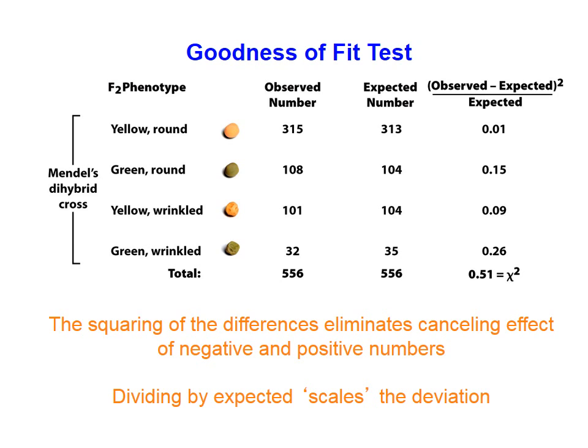So one important thing about the equation, the squaring of the differences gives you an absolute value of the deviation because you don't care if it's above or below, you're just worried about how much it is deviating, right? Each of those observed phenotypic classes from the expected, and then dividing it by the expected scales that particular one.